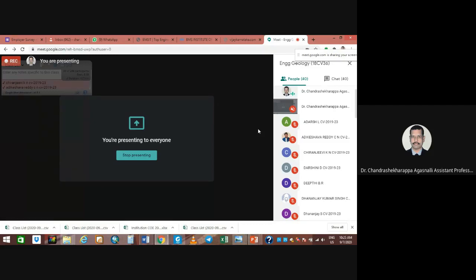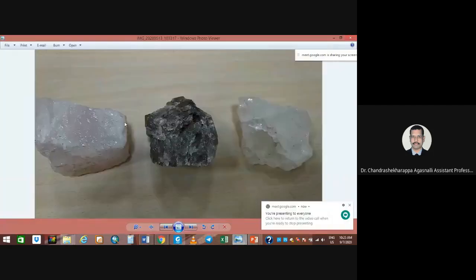What is the use of quartz mineral? I showed the white one, milky quartz. What are the economic uses? Yes, manufacturing of glasses and even some ultrasonic equipment. Okay, and radio frequencies also use quartz.